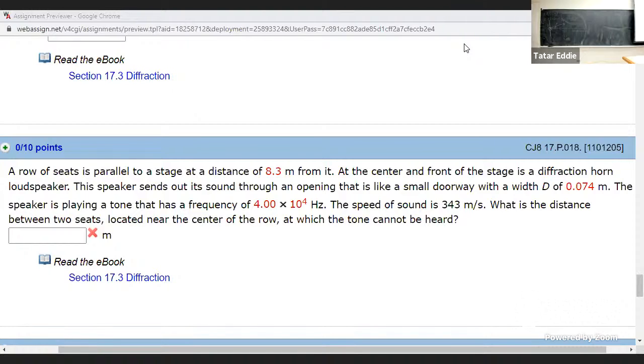Well, this may contradict your experience, but the contradiction is due to the fact that most sound sources do not emit a single wavelength, a single frequency. Most of the sources emit a range of frequencies.